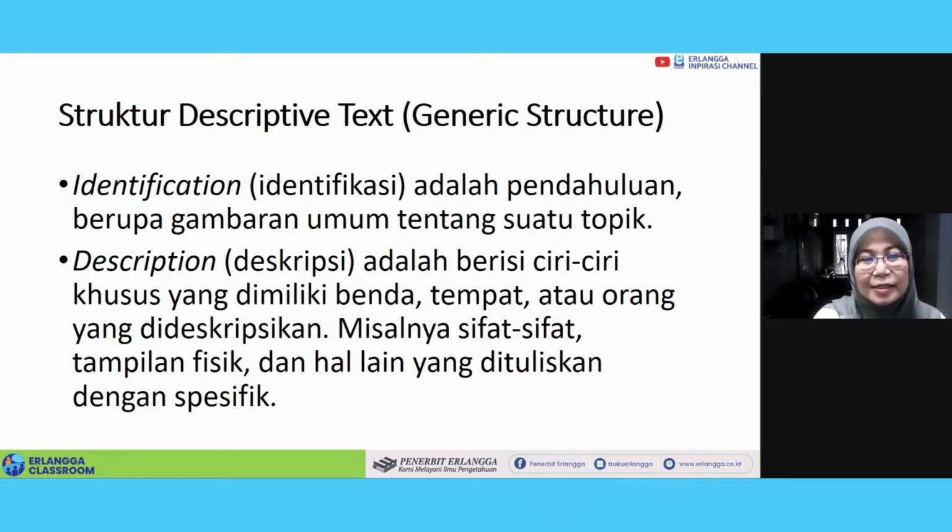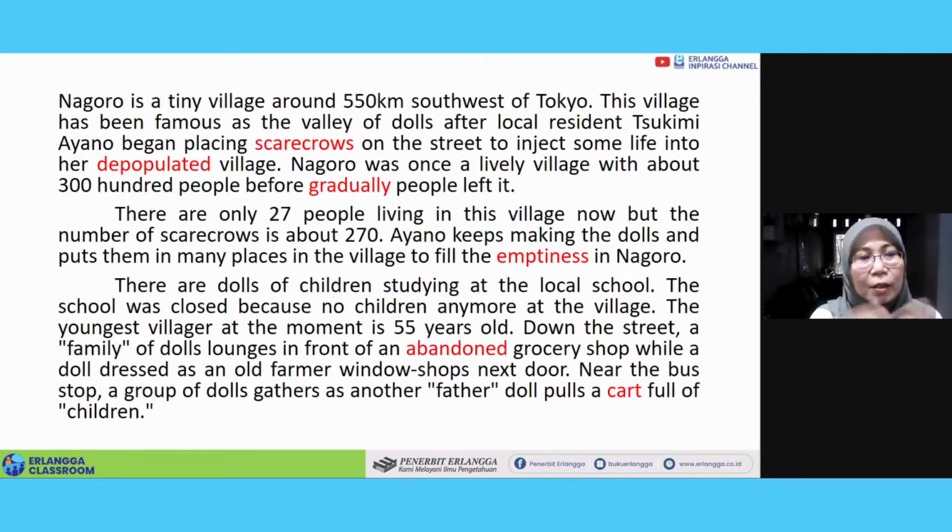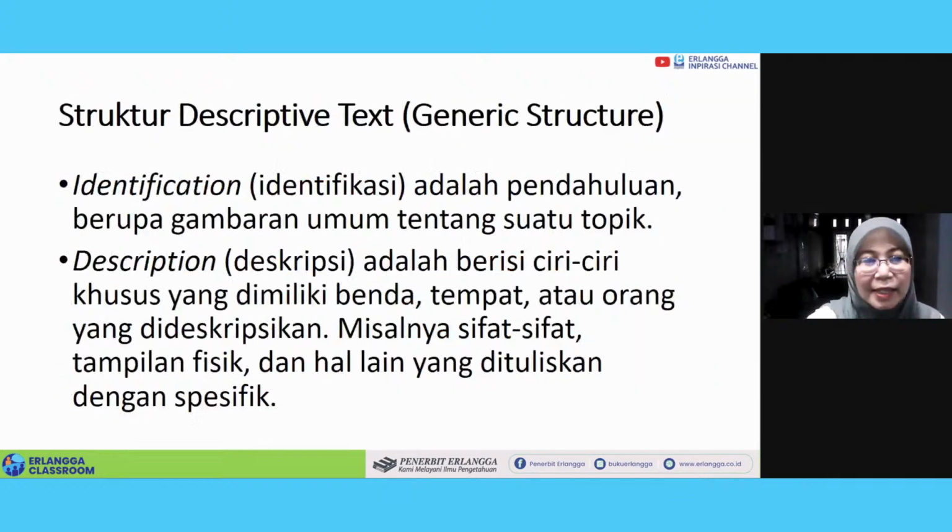In the text we just read, Nakuru is a tiny village, and so on, that is the opening, the beginning of the whole text that you are going to write or speak. And then the next one is the description, ciri-cirinya. Jadi satu paragraf berikutnya ciri mengenai apa, paragraf berikutnya ciri mengenai apa lagi.